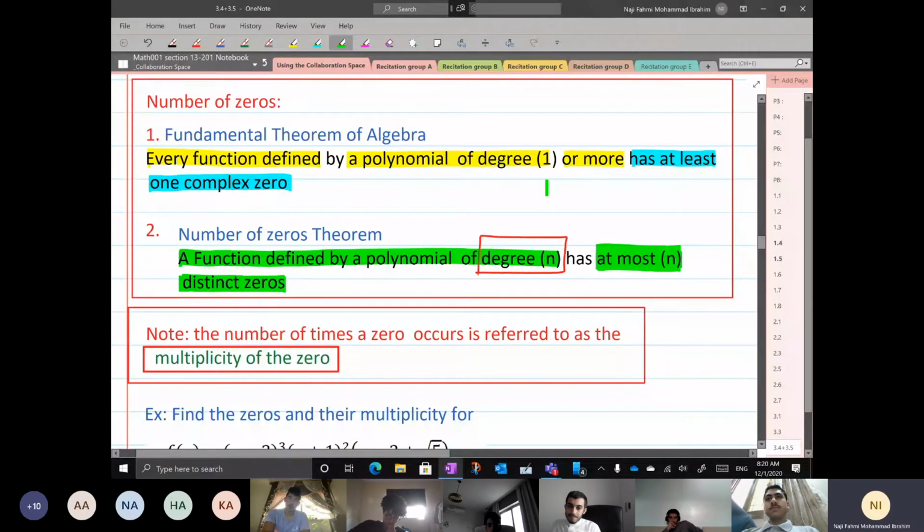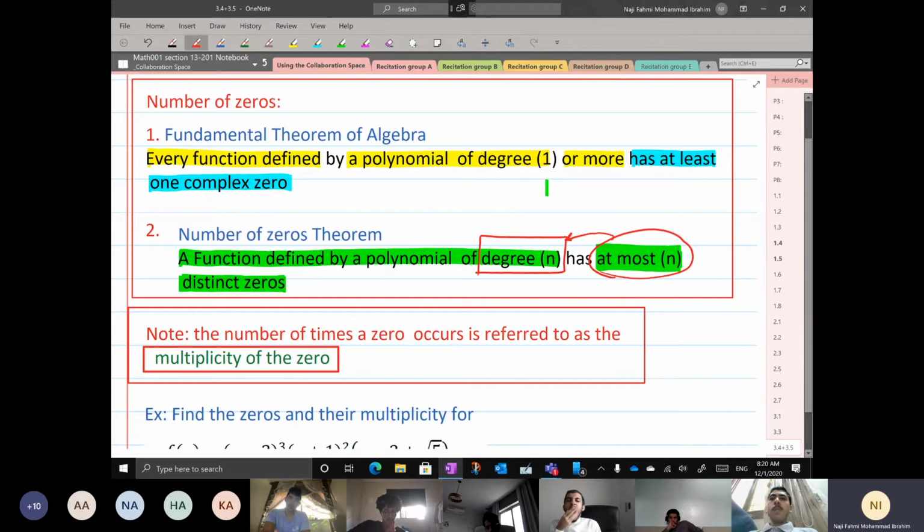So now the number of zeros should not exceed the degree. So again, if I have a polynomial of degree 4, how many distinct zeros can we have? At most 4. So they can be 4 or less. So the number of zeros for a polynomial will be from 1 to n, and n is the degree.